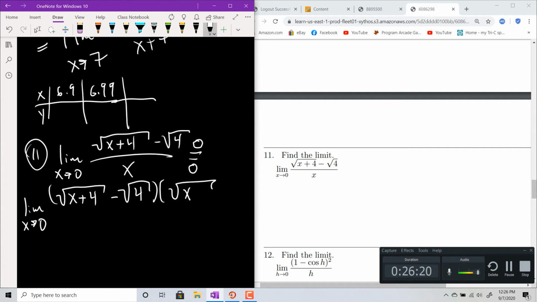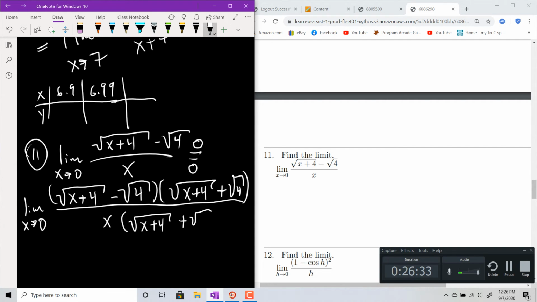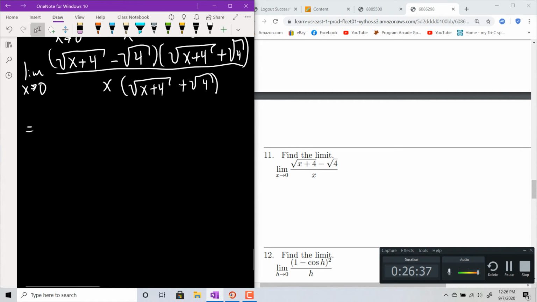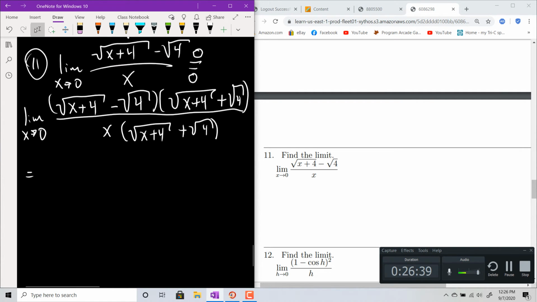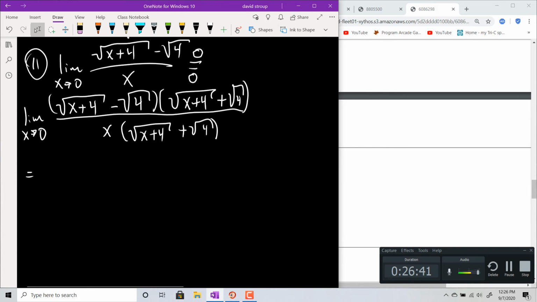So I have square root x plus 4 plus square root of 4 on top, and down below, x times the square root of x plus 4 plus square root of 4. FOIL out the numerator. Let me move this over a little bit so we can see it better.